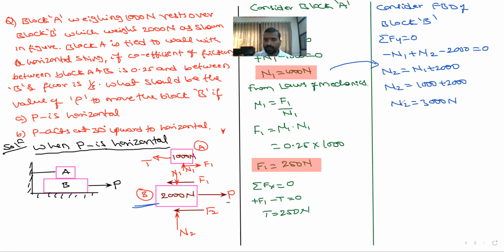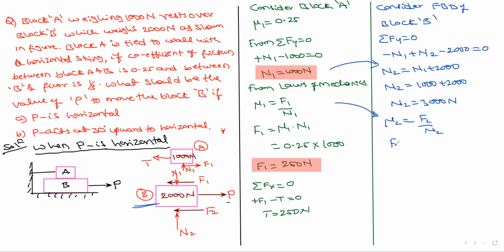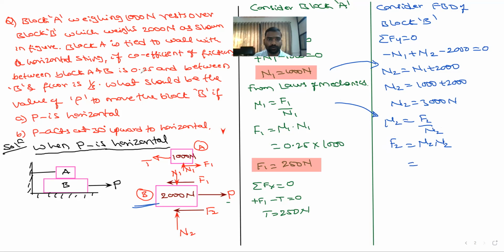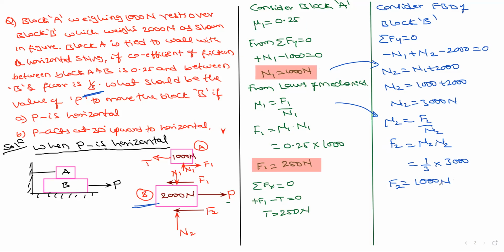Once you know the value of N2, again from the laws of mechanics, mu2 is equal to F2 upon N2, so F2 is equal to mu2 into N2. What is the value of mu2? It is not 0.25, it is 1 by 3. So 1 by 3 into 3000 gives F2 is equal to 1000 Newton.